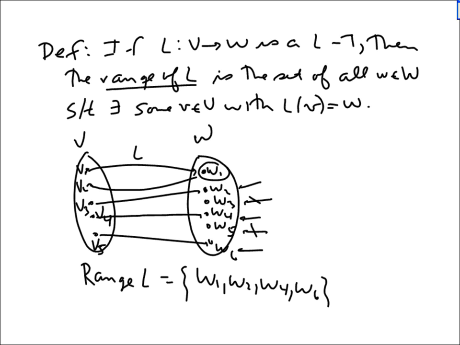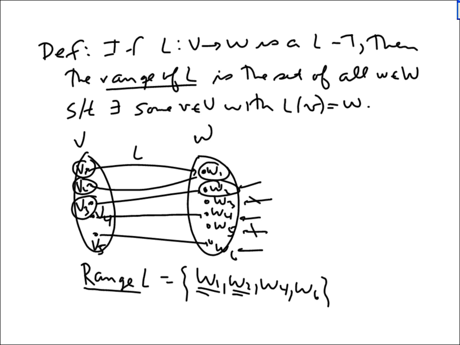If you can take L of something and get W2, then W2 is in the range of L. And we were able to take L of 2 different things to get W1. So W1 is still in the range. L can't be 1 to 1 if I took L of 2 different vectors and I got W1, but we're not talking about 1 to 1.